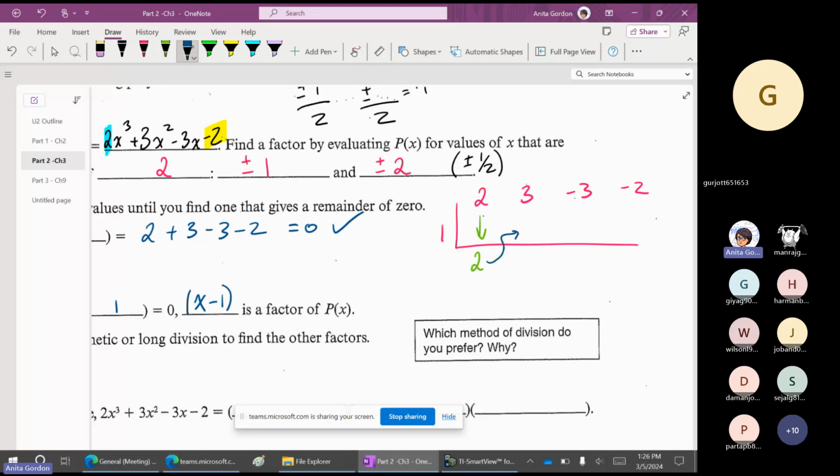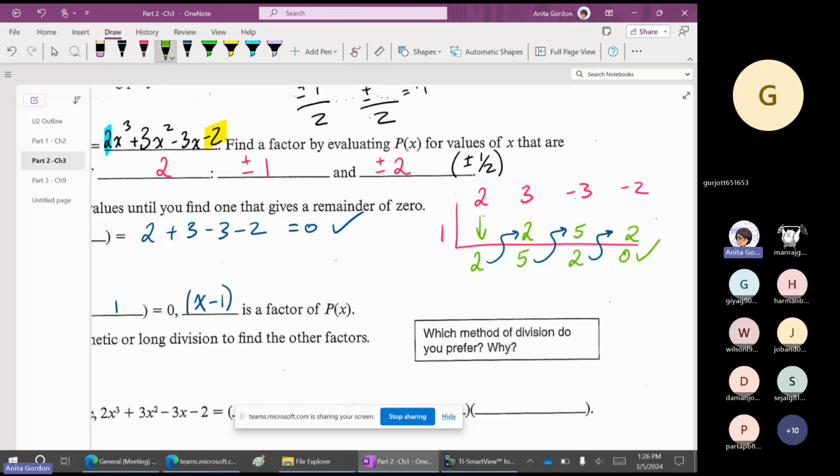I multiply times the root. I'm going to get 2. And then I add, gives me 5. Multiply the root. 5. When I add them, I get 2. Multiply times the root. The root is 1, so this is 2. I get 0. Hooray!